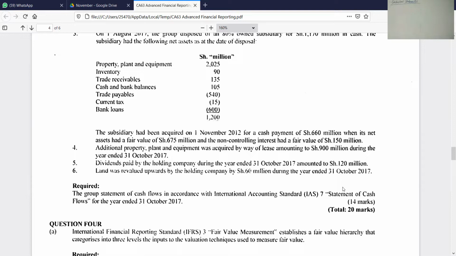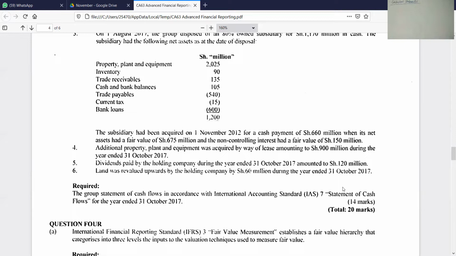The subsidiary had been acquired on 1st November 2012 for a cash payment of 660 million, when its net assets had a fair value of 675 million, and the non-controlling interest had a fair value of shillings 150 million. Number 4, additional property, plant and equipment was acquired by way of lease, amounting to 900 million during the year.